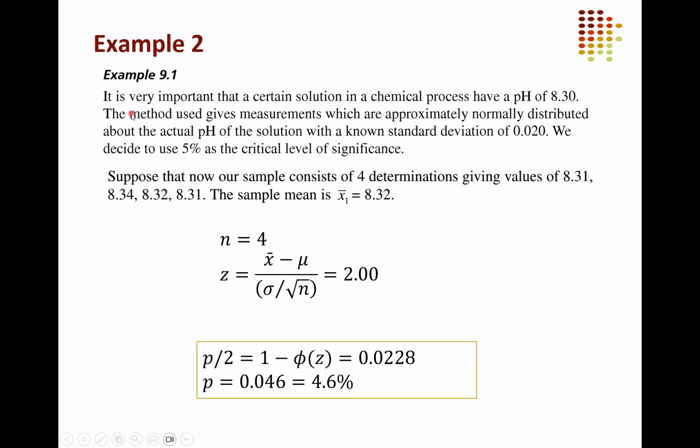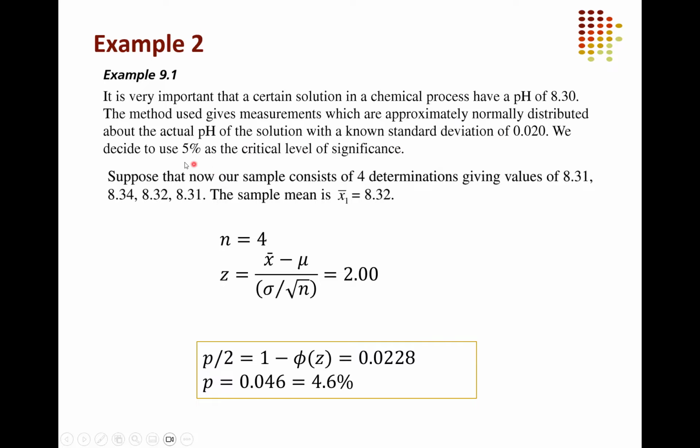It is very important that a certain solution in a chemical process have a pH of 8.30. The method used gives measurements which are approximately normally distributed about the actual pH of the solution with a known standard deviation of 0.020.